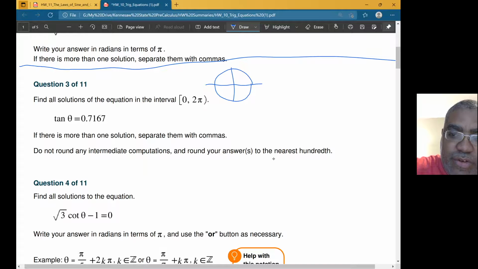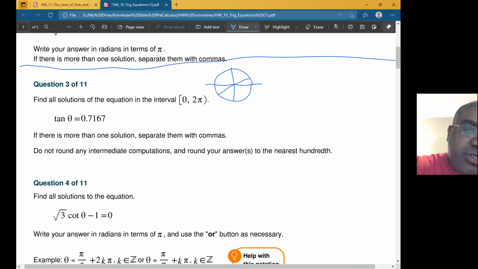Tangent of theta for everywhere in quadrant 1, let's say here. We know that it is also here in quadrant 3 because quadrant 1 and quadrant 3 are where tangent of thetas are equal to positive numbers. So the difference between these, they are pi apart from each other. So whenever we have a solution over here, it's going to be a solution over there.